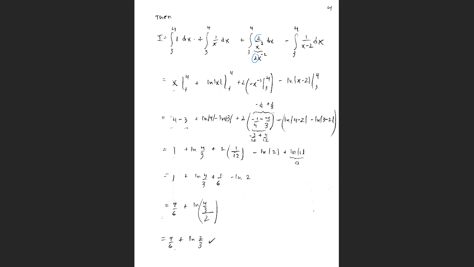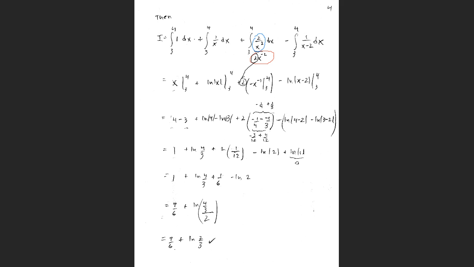Well, what I did was, 2 over x squared is the same as 2 times x to the negative second power. And that 2 is there.